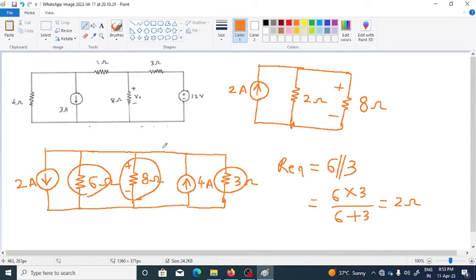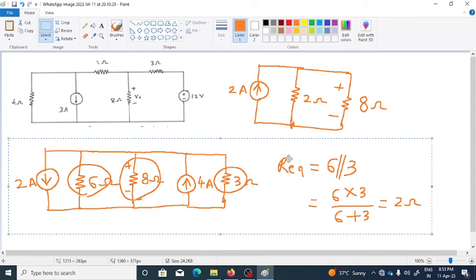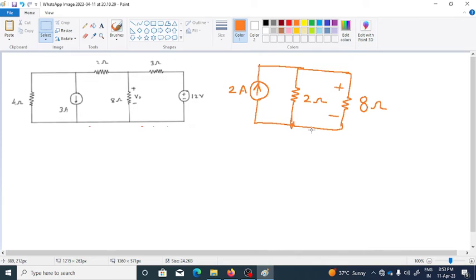Now further here we can have different approaches to find out the voltage across the 8 ohm resistance. We can go by the current division rule, or we can further convert this circuit, which is consisting of 2 ohm resistance and 2 ampere current source, into a single voltage source.